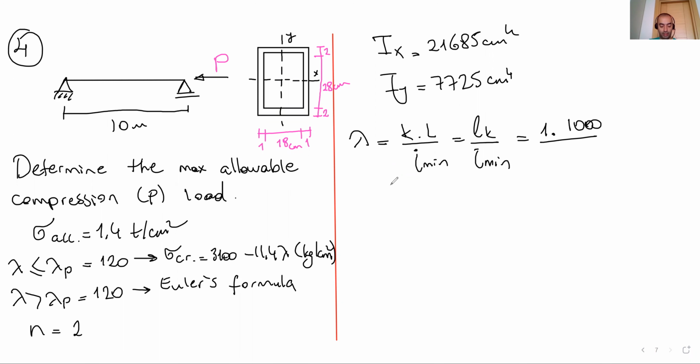To calculate i min, remember it comes from the square root of the minimum moment of inertia over A. So take a look at these two moments of inertia, select the minimum one. Area is the area of this section.